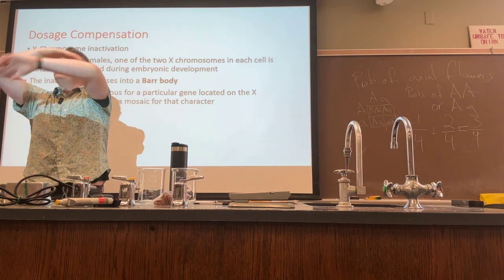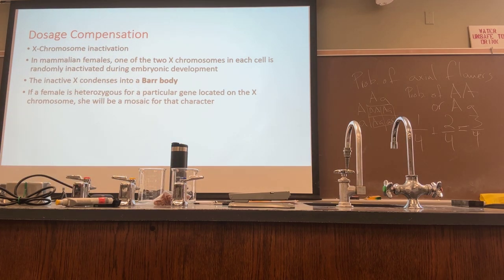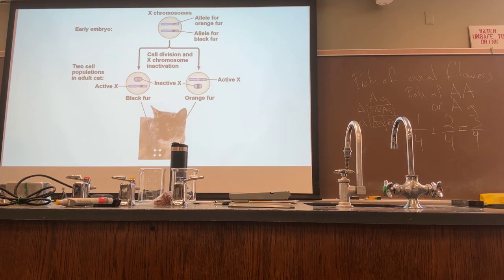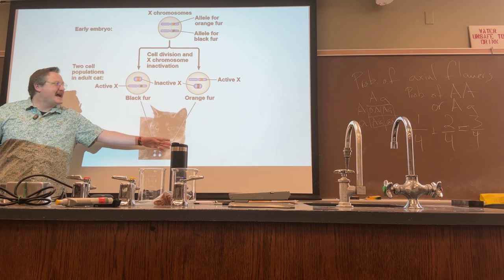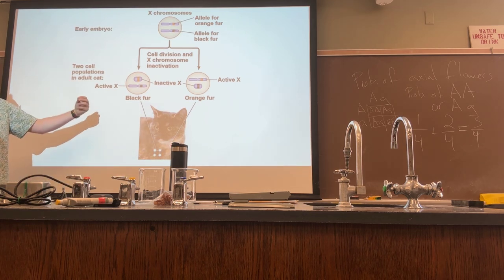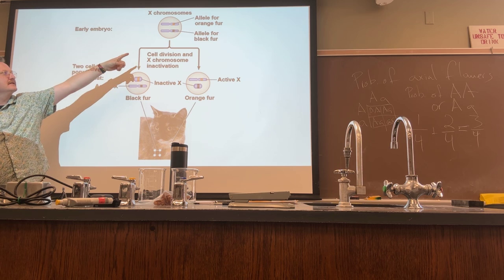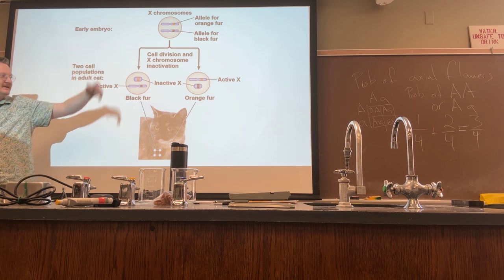So if you see things like tortoiseshell coloration in cats, it's because some patches of skin have inactivated the X chromosome that encoded for black fur, and therefore they encode orange fur.